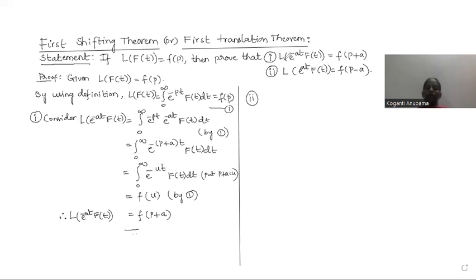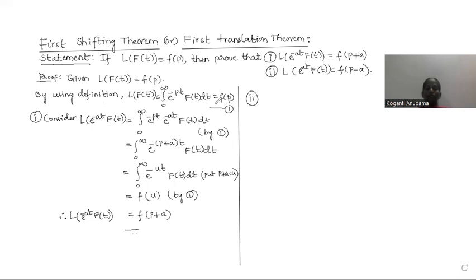In part 1, we have to prove the Laplace transform of e power minus at f of t is equal to F of p plus a. For this, we should consider L of e power minus at f of t. We should compare this with L of f of t.